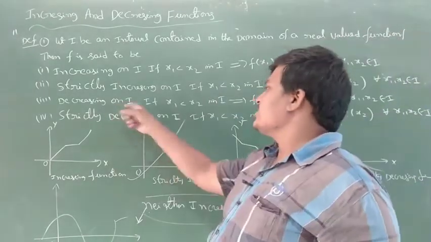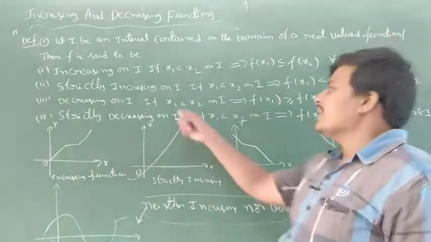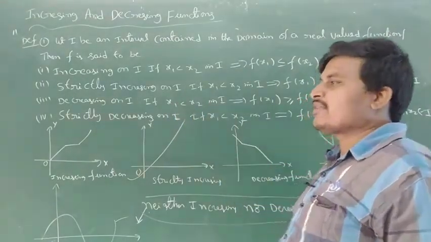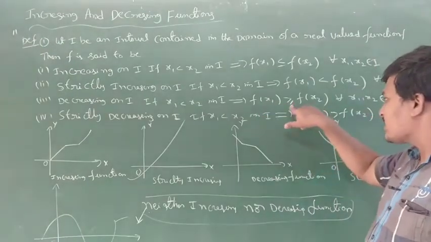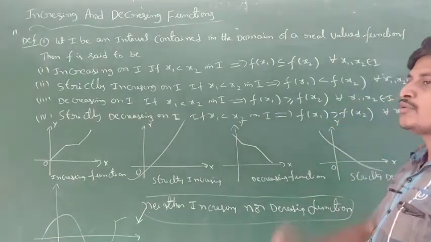Next, decreasing on I. Decreasing means x1 less than x2 implies f of x1 greater than or equal to f of x2.